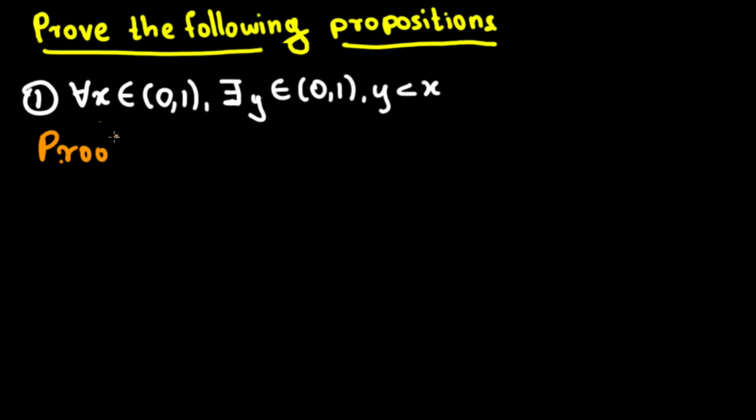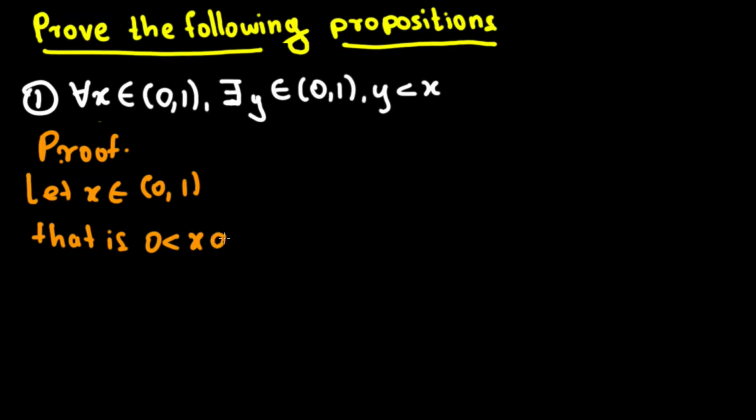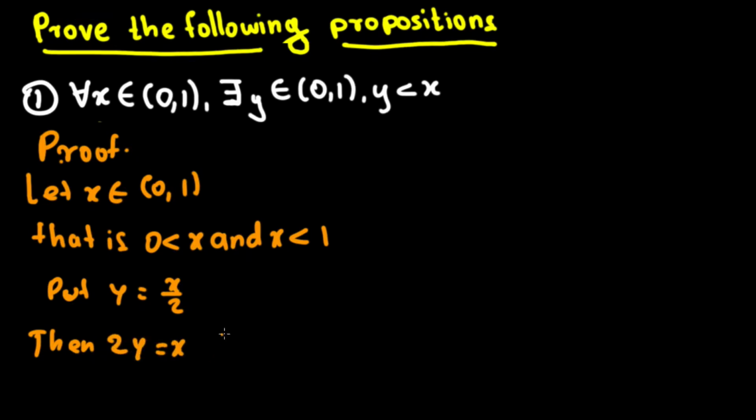So, proof for this one. First we are going to let x belong to (0, 1), that is, 0 is less than x and x is less than 1. Put y equal to x divided by 2, then 2y is equal to x.